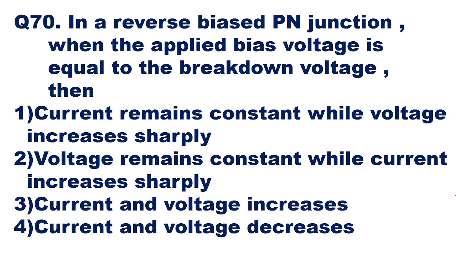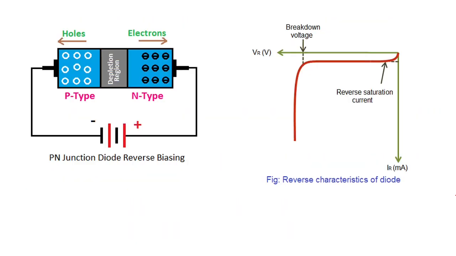Now, if you see the diagram of a reverse bias condition, the voltage applied will be such that the negative of the battery is connected to the p-type semiconductor and the positive of the battery is connected to the n-type semiconductor.